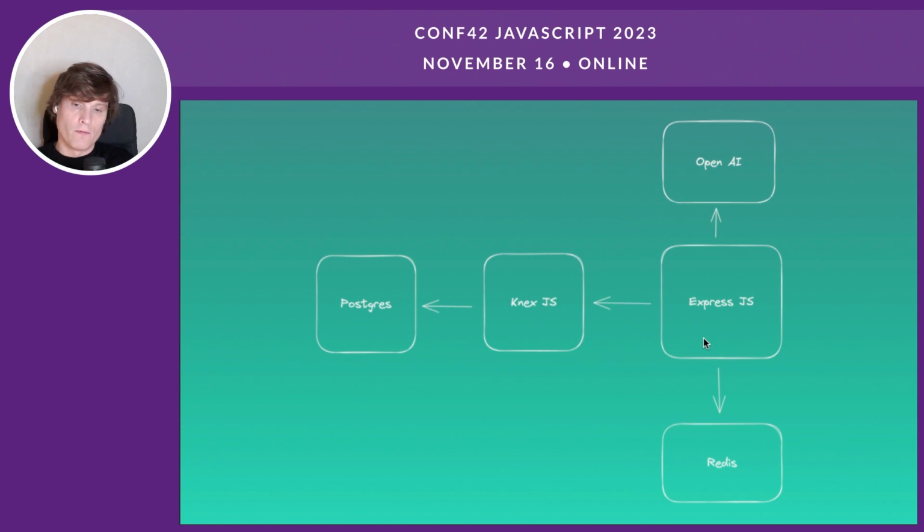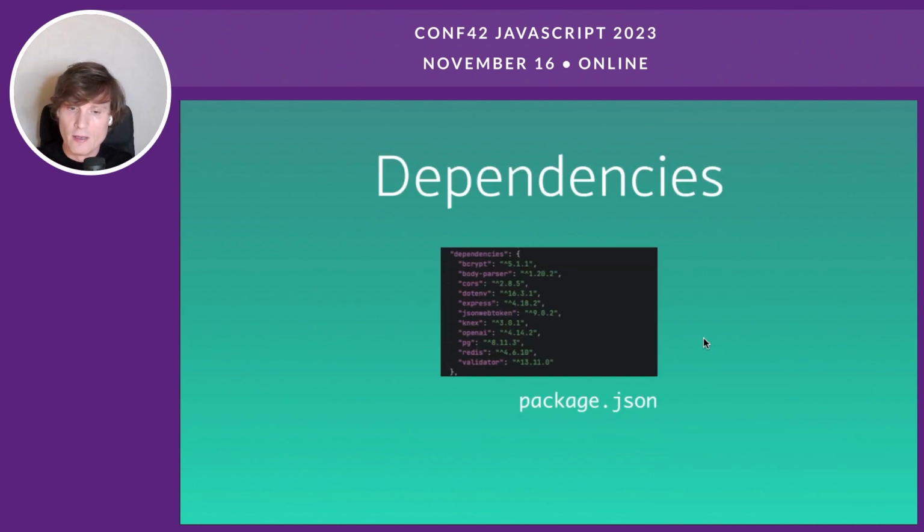But in front of all of this, we're going to use Express.js, which is going to, as I said before, handle our routing, responses, and generation of data. We're going to use OpenAI. To handle the session of the user, we're going to use Redis. We're not going to focus so much on that because this is not the topic here. We're going to touch on that part just a little bit.